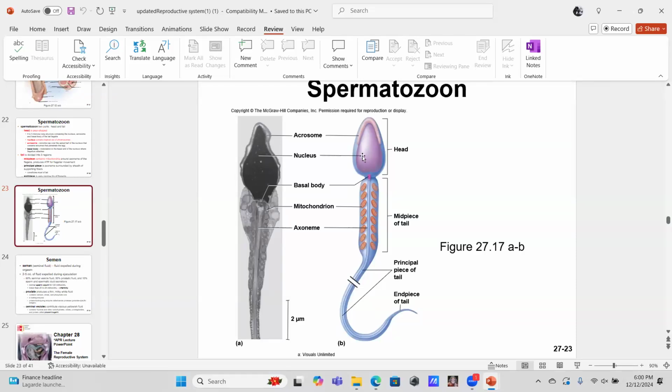In order to do that, you need this acrosome region that contains enzymes that allow you to eat through the plasma membrane and all the support cells found in an ovulated egg. Without a functional acrosome, you're not going to be able to penetrate through the plasma membrane and all the support cells that follow that egg as it's ovulated out.